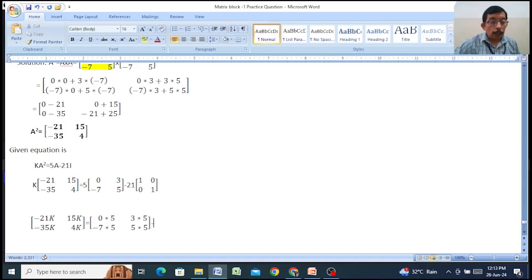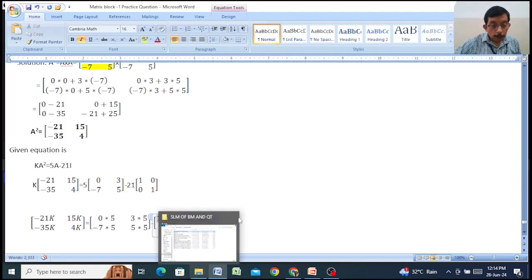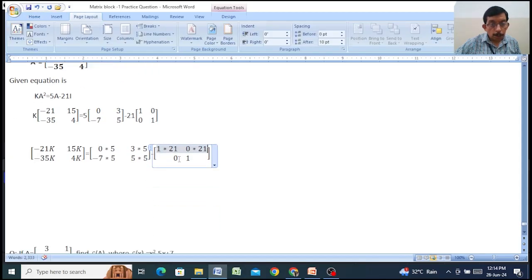Minus, now 21 is the scalar quantity, multiplied by each element of the given matrix. Then 1 is multiplied by 21, 0 is multiplied by 21, 0 is multiplied by 21, and 1 is multiplied by 21. Now simplify.